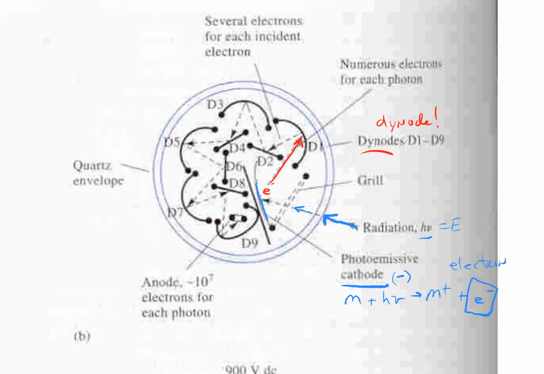This dynode is also coated with an easily ionizable material, such that when the electron comes in and strikes the dynode, which I'm going to call D1 because it's the first dynode, there'll be more, okay? The electron comes in, strikes the first dynode, and an amazing thing happens.